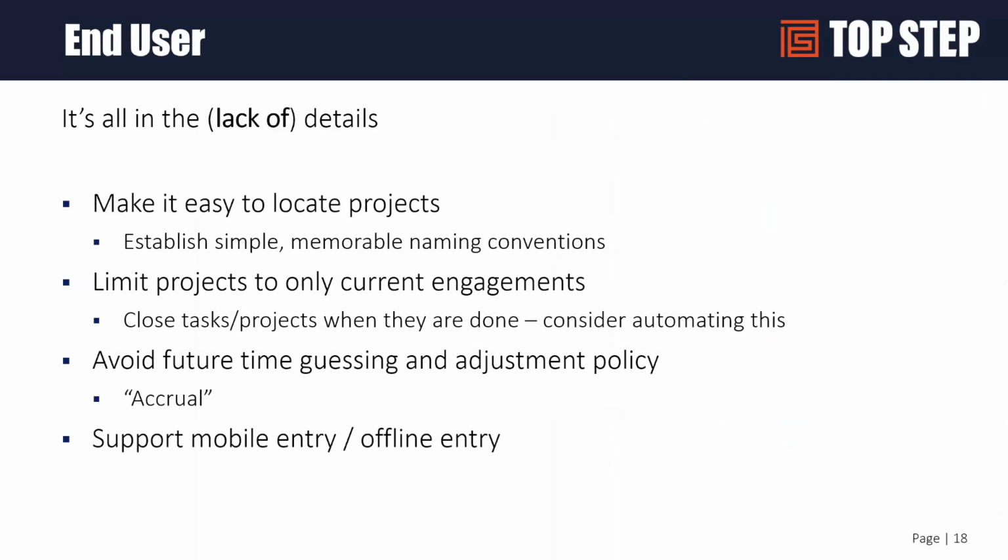So how do you handle this? It's all in the lack of details. That's a phrase that I stole from Jody Seasai, our founder. There's a few things that we've identified here that can help balance that conflict. Make it really easy on your users to find the projects and tasks that they worked on, that they're looking for.